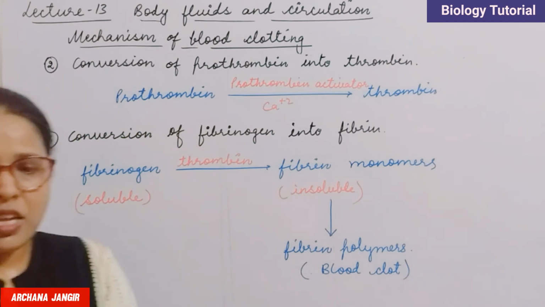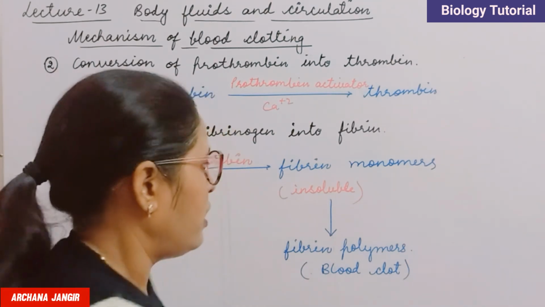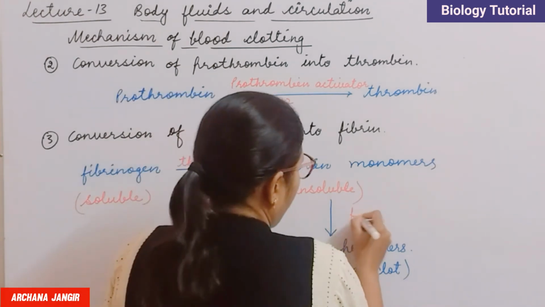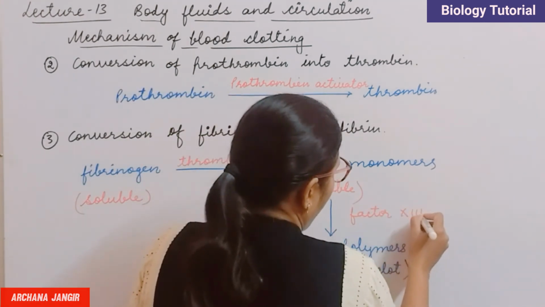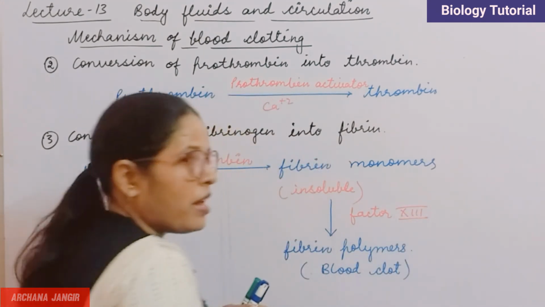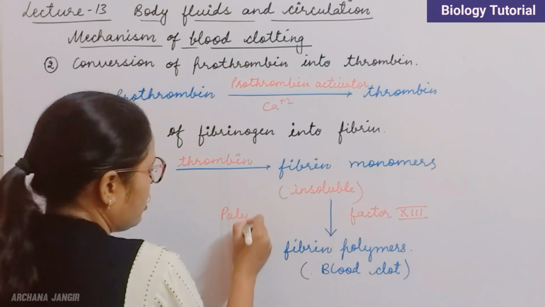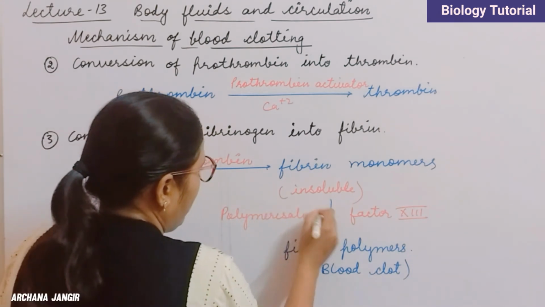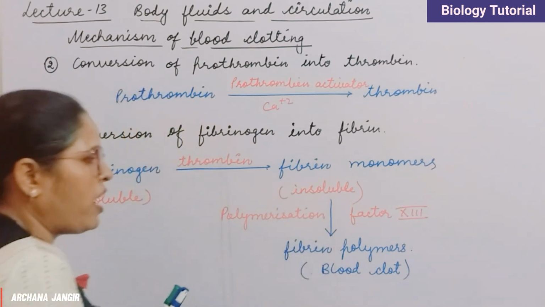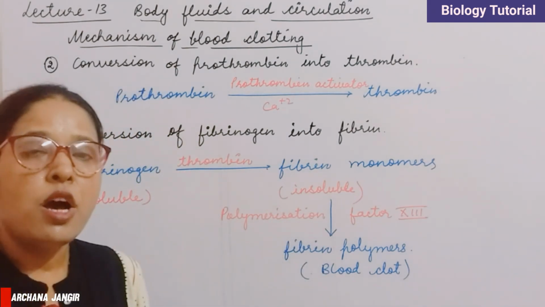This process takes place in the presence of factor 13. So here factor 13 is required for the polymerization of fibrin monomers, and the reaction is polymerization. Clear? And it forms the fibrin polymers. Okay, and this fibrin polymer is the blood clot.